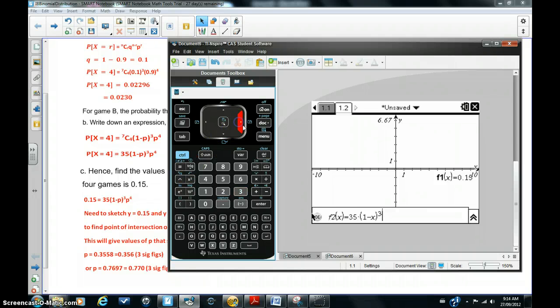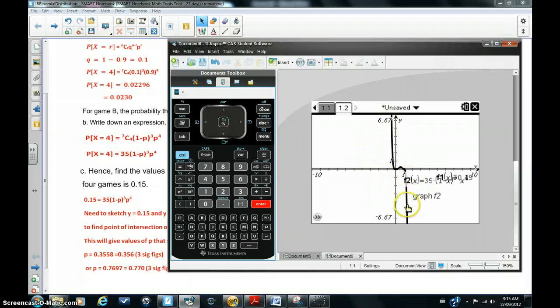Hit the right arrow, that's important there, and multiply that by p to the power of 4. Again, I can't use p, I have to use x because it's f2(x) here, so I'm going to put in x to the power of 4. Okay, so there it is, and I'm going to hit enter.